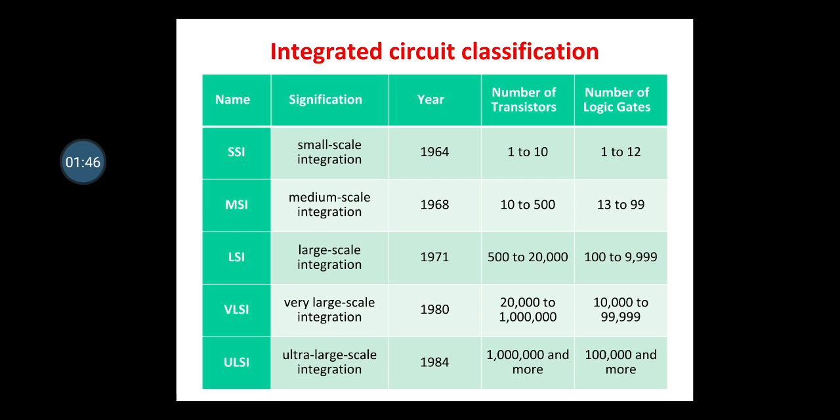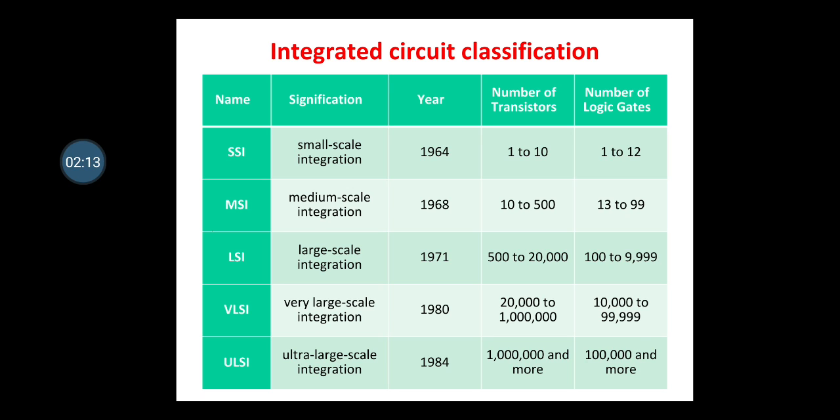The integrated circuit can be classified in various ways. One of these classifications is small scale integration, SSI. Here, in this type of integrated circuits, the number of logic gates available will be between 1 to 12, and the number of transistors which can be formed inside is 1 to 10.